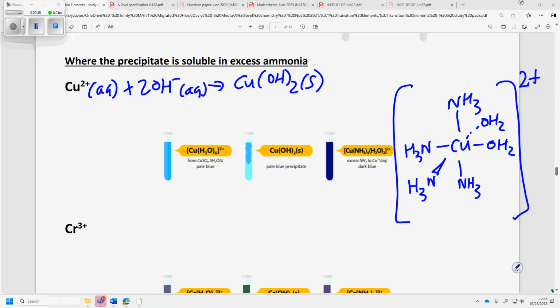The ammonia and the waters have no charge, but the copper has a 2+ charge, so the 2+ charge of the copper goes in the top right hand corner outside the brackets. That's the formula of the 3D representation of the complex ion that has been formed.